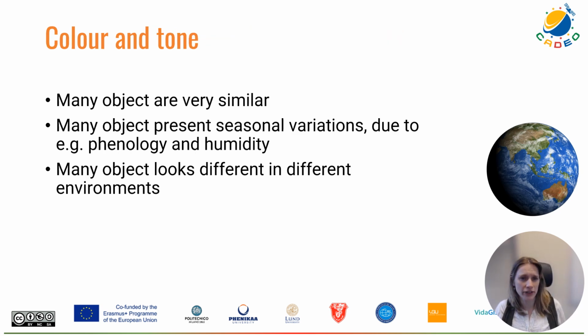So if we talk about color and tone, we realize quite quickly after looking at satellite images or aerial photos that many objects are very similar. Even though they are different, they look similar in color. It is also important to note that many objects vary over seasons. So, for example, a forest in Sweden might look different in March compared to April, May, or in the fall when the leaves may turn red or yellow.